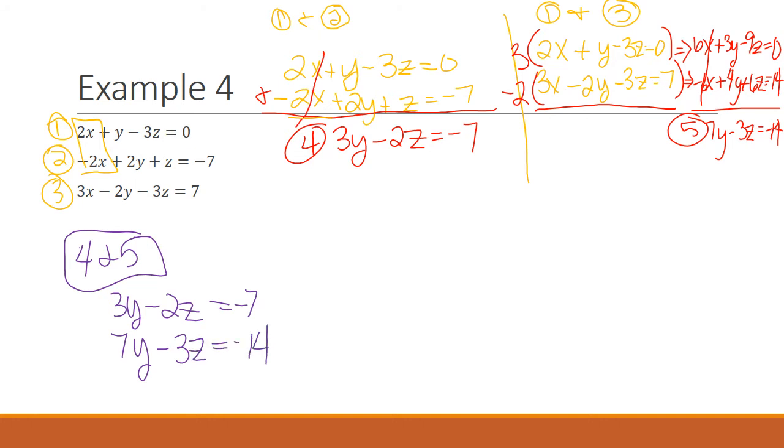If I want my z's to cancel out, well, you can pick either one to cancel out. You can pick your z's to cancel out or your y's to cancel out. I'm just going to pick the z's because they have smaller numbers in front. So I'm going to multiply the top by 3 and the bottom by 2 so that my z's will both be 6's, and then you need to make one of them negative so that they'll have opposite signs.